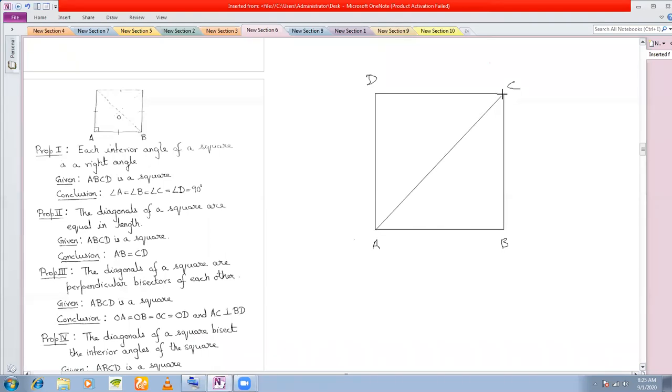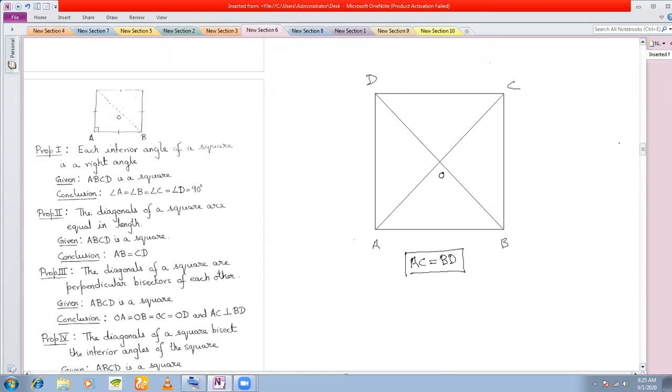So this diagonal AC is equal to this diagonal BD. And so in a square, the diagonals are equal in length, just as in the case of a rectangle. AC is equal to BD. This is your second property.